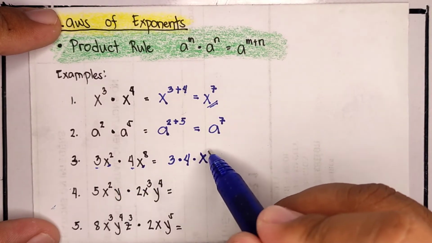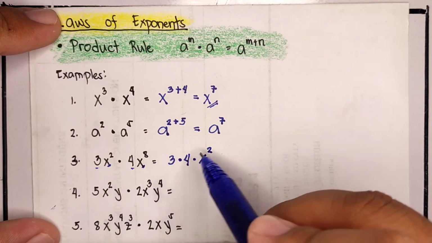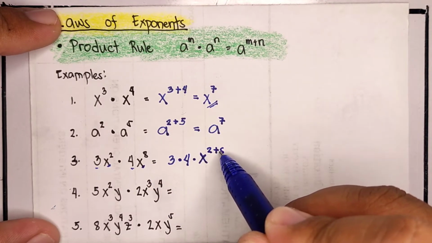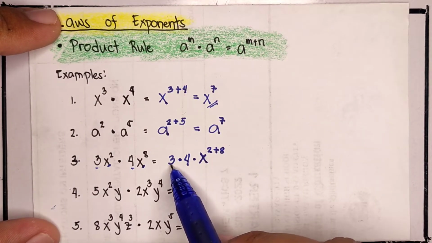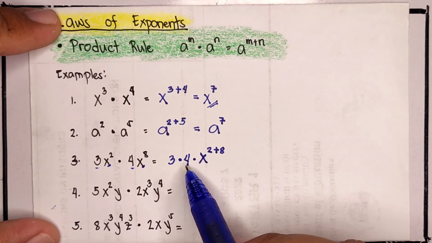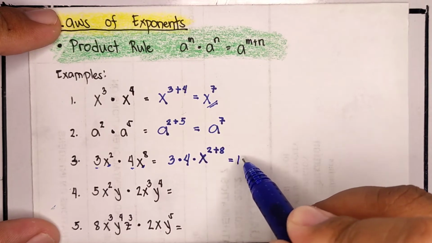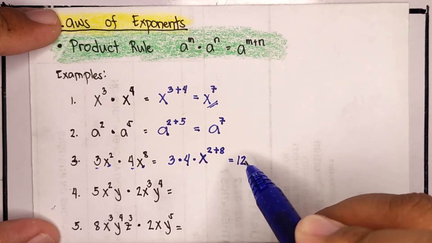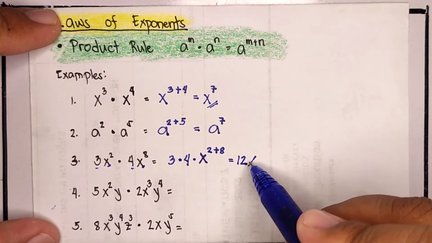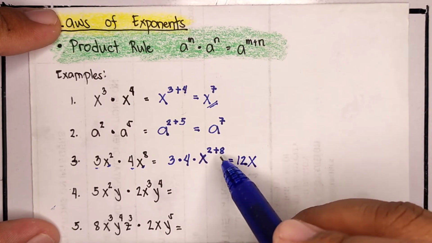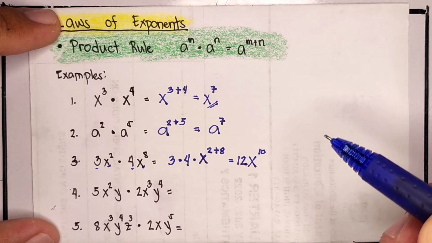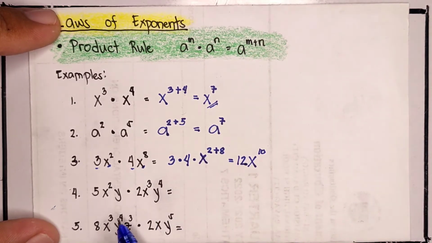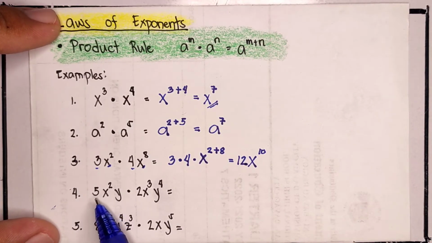Then the first exponent is 2. I-add natin yung second exponent na 8. Next, 3 times 4 is equal to 12. Then, you have our literal coefficient x. 2 plus 8 is 10. Okay, that's it. Then, another one.